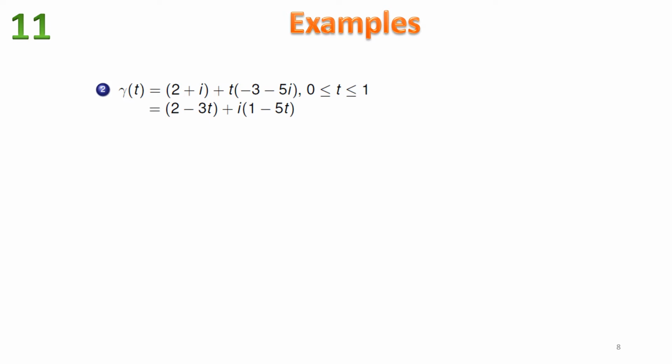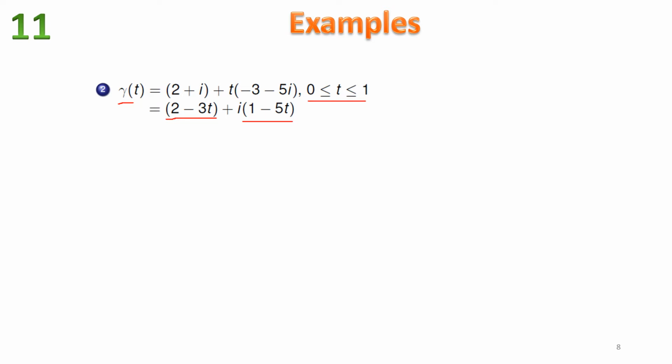Now let's talk about another function, gamma of t expressed as 2 plus i plus t times inside bracket minus 3 minus 5i, where t rolls from 0 to 1. Now here we can further simplify this. We can couple together real part, and the real part is 2 minus 3t, and imaginary part is 1 minus 5t.